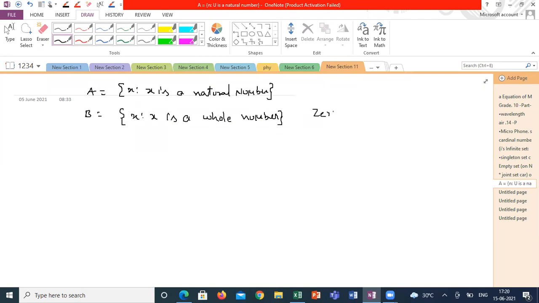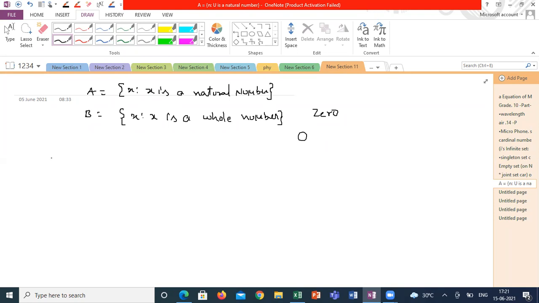Except 0, all other elements are common in both sets. That means, what is the minimum requirement to say these are overlapping sets? One element is enough, but more than that is also possible. It's not only one element that should be common; any number of elements can be, but at least one element should be common. Got it, guys? That is the meaning of overlapping sets or joint sets. Shall I go for the next one?